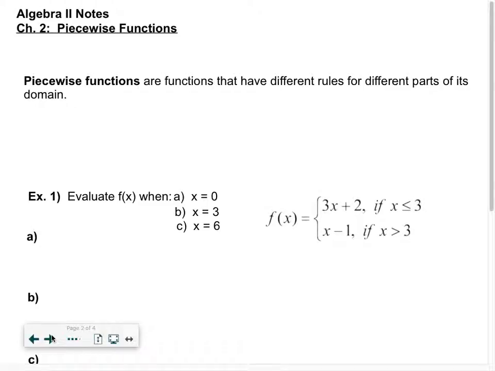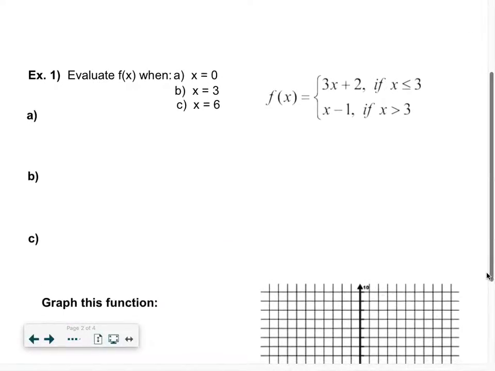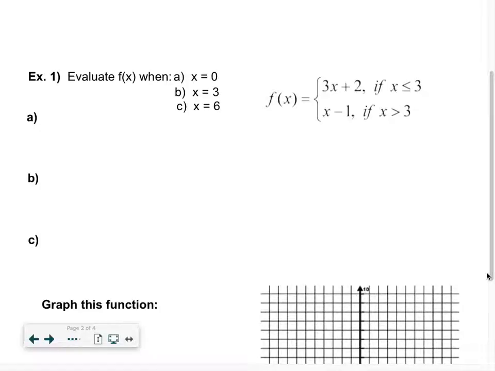Alright, so piecewise functions have different rules for different parts of the domain. In this first one, it says evaluate f of x when x equals 0, x equals 3, and x equals 6. So we have our rule to the right, and we're just going to get going. So, x equals 0.